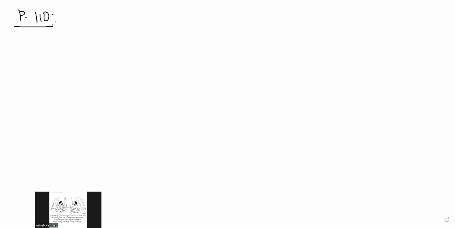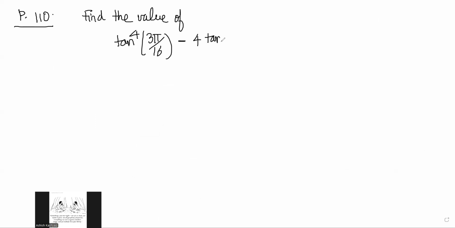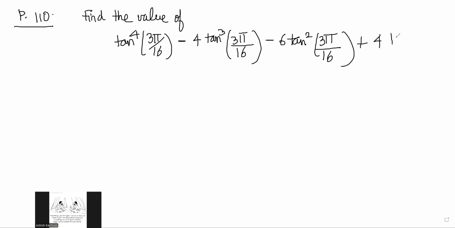And here we have to find the value of tan to the power 4 3 pi by 16 minus 4 tan cube 3 pi by 16 minus 6 tan square 3 pi by 16 plus 4 times tan of 3 pi by 16. So we have to find the value of this number.